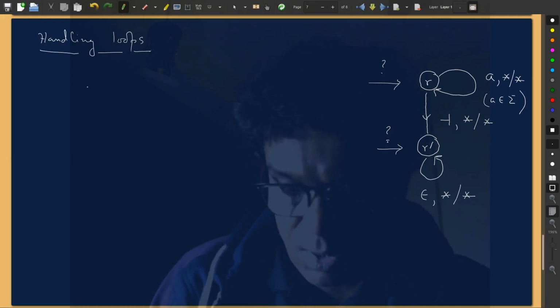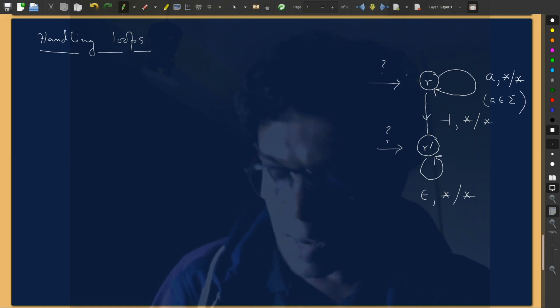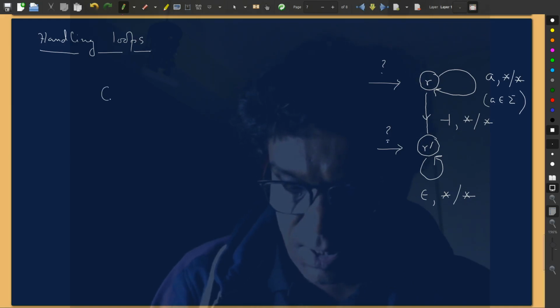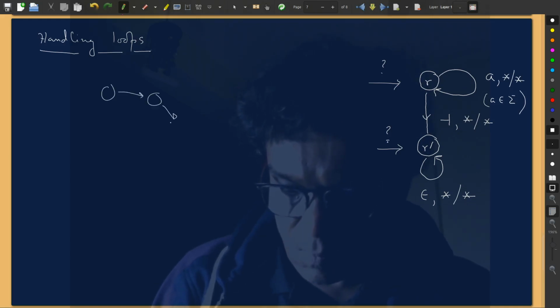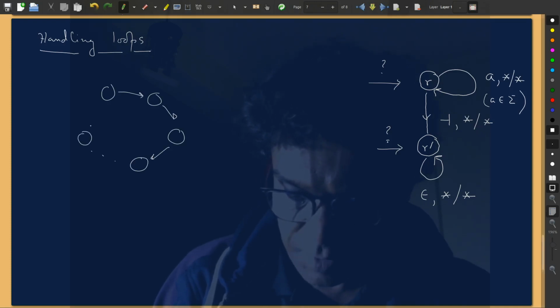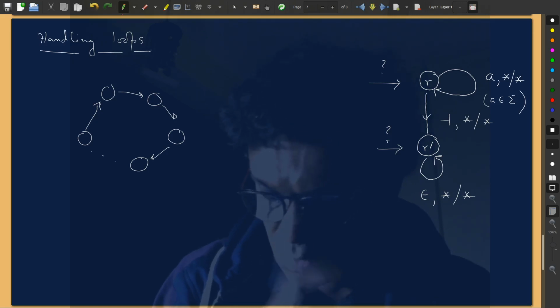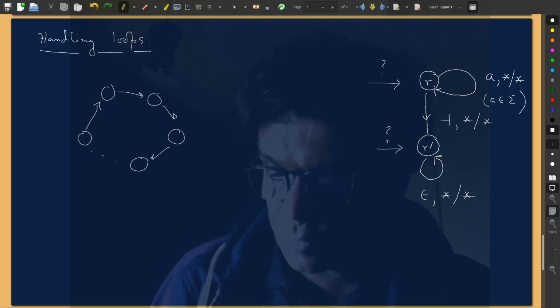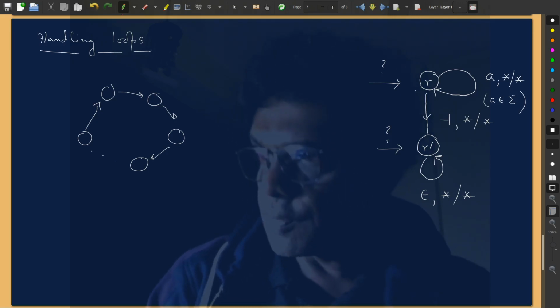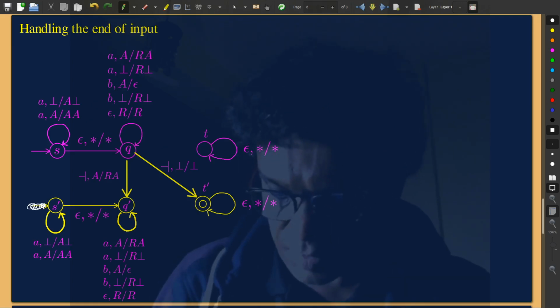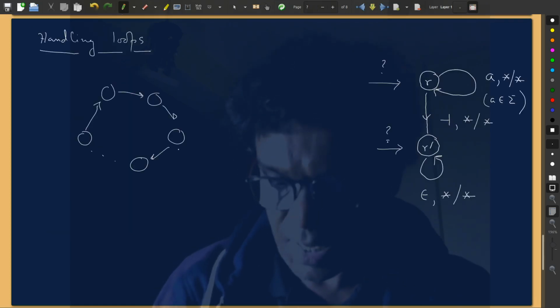First of all, a loop need not happen only on a single state. It may be an infinite loop of this form that involves multiple states. In our previous example, this is a single state loop, but it may happen in a cycle like this.